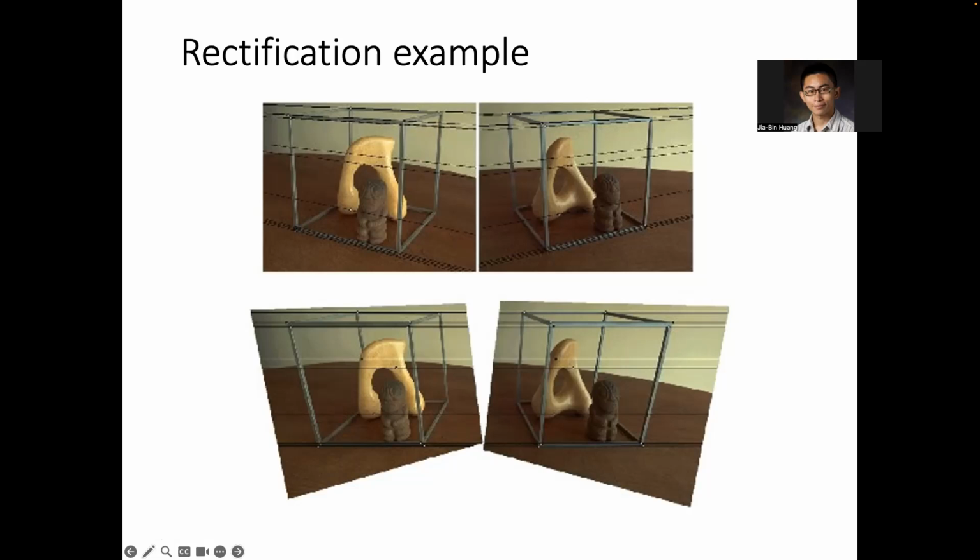Which means that when I try to find a match from image one in image two, I know it lies on a line, and in this case the line is just a scan line, so you only need to search in this direction. So it's much simpler, right?